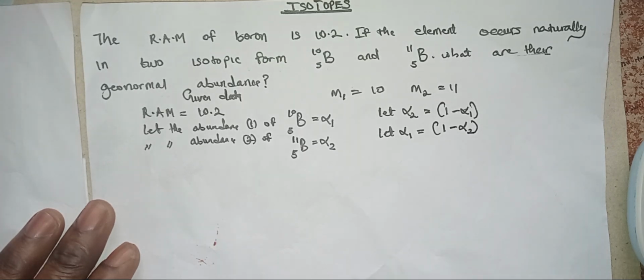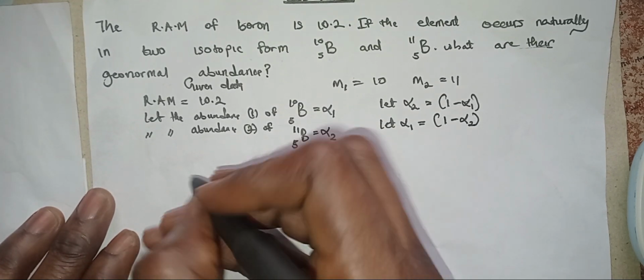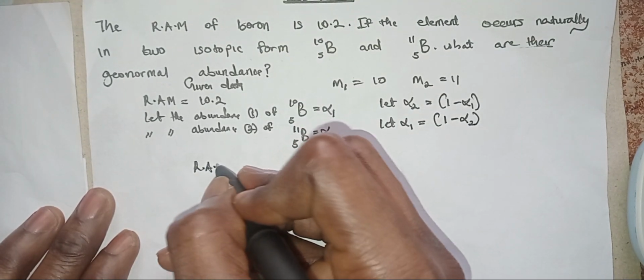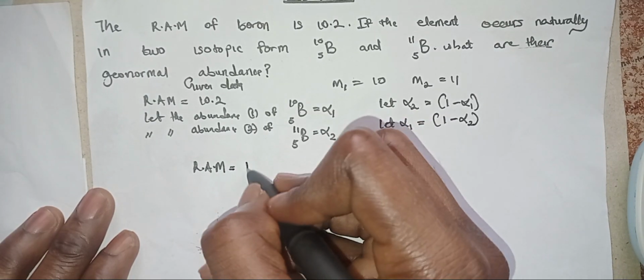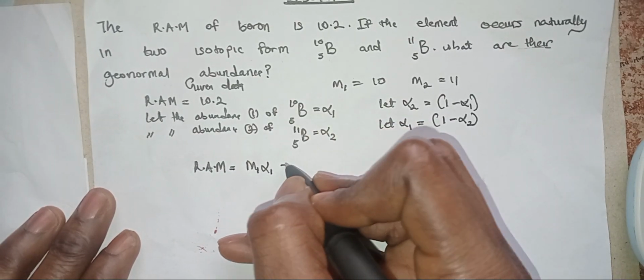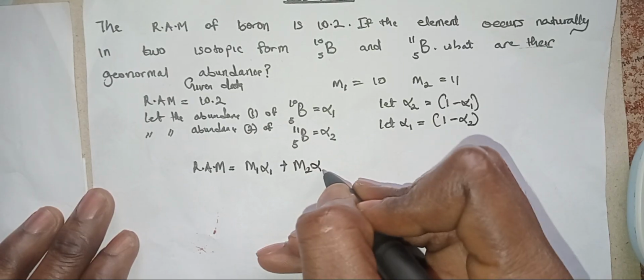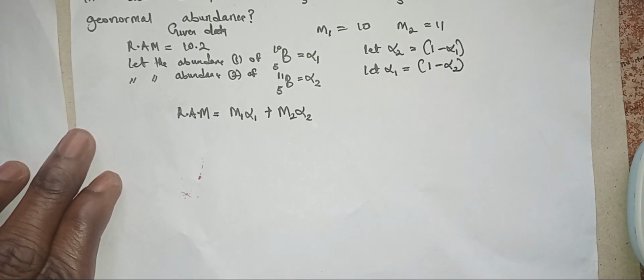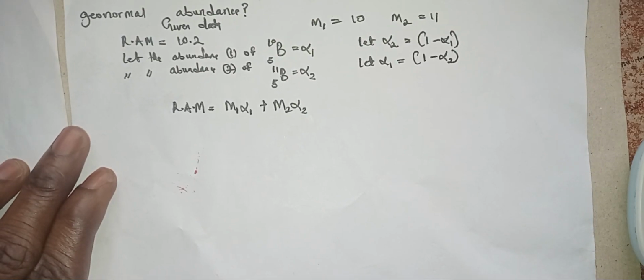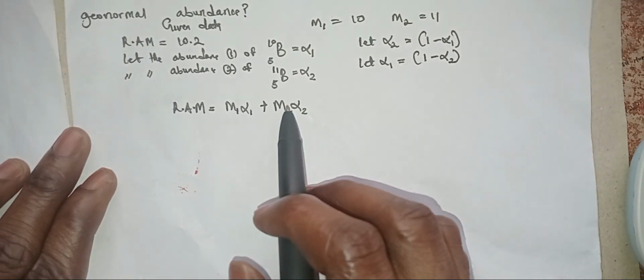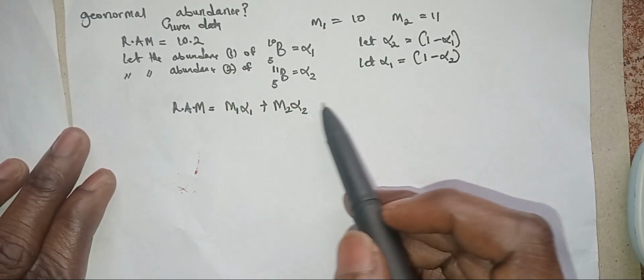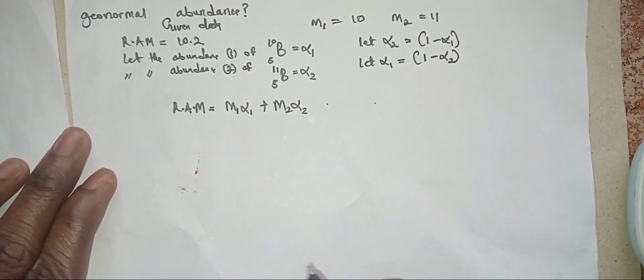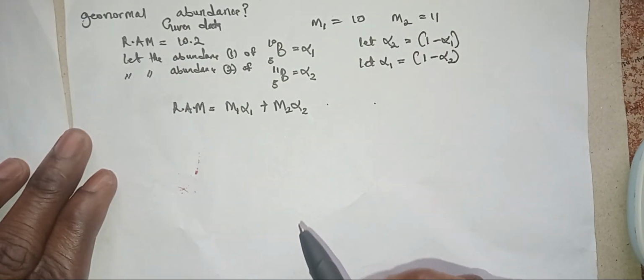From the formula I gave you last class, the relative atomic mass is equal to M1 abundance 1 plus M2 abundance 2. The number of elements you are given determines the number of terms. It can be 3, 4, or 5, but what is common mostly is 3. In this question we only have 2.